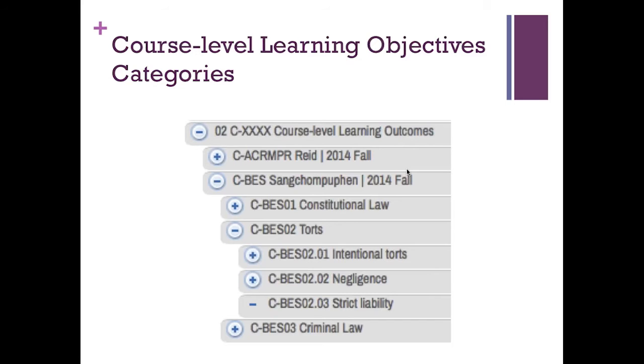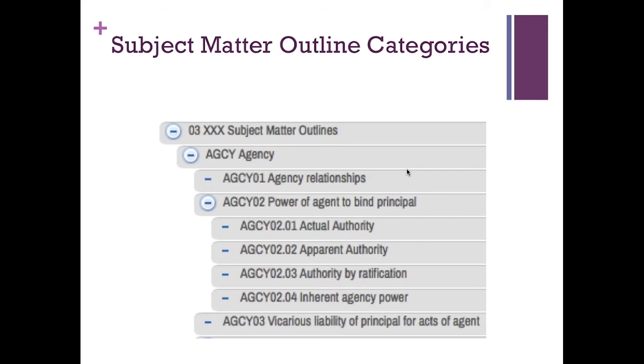Finally, the subject matter outline. Every question is also tied back to a specific place in a subject matter outline. This is just an example of a subject matter outline for agency.